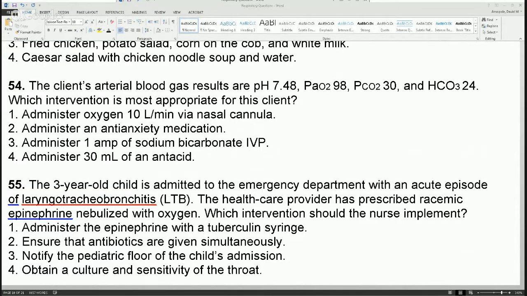That's fine. 7.48, more alkaline, with a CO2 of 30, so acid, with our lungs.